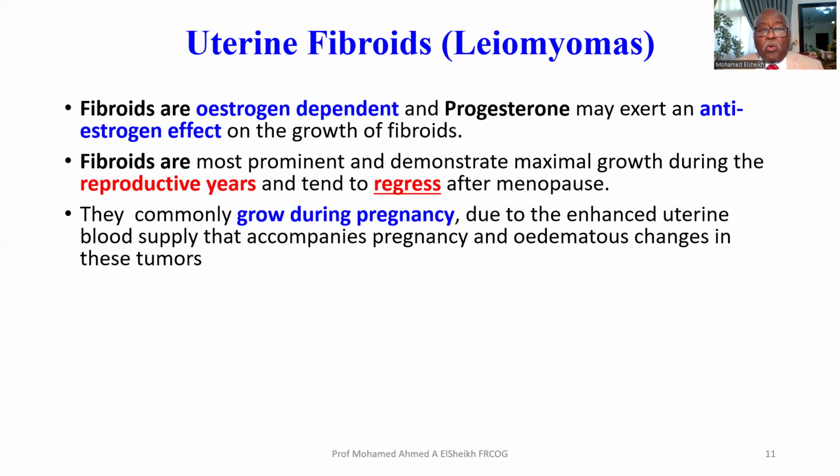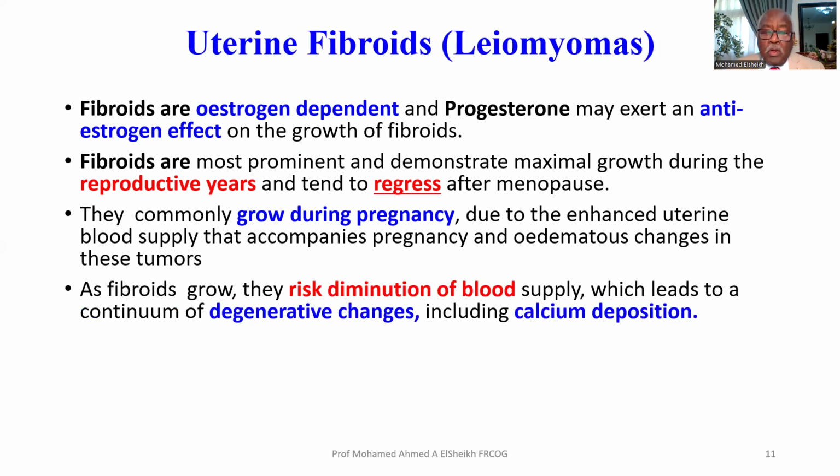They commonly grow also during pregnancy due to the enhanced uterine blood supply that accompanies pregnancy and the edematous changes in the tissue tumors, as well as the hormones of pregnancy. As fibroids grow, they risk diminution of blood supply, which leads to a continuum of degenerative changes, including calcium deposition.